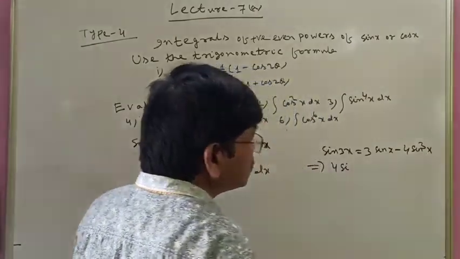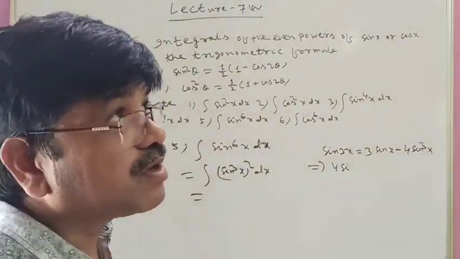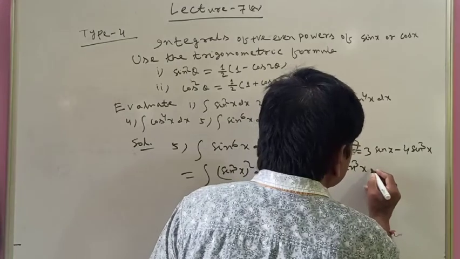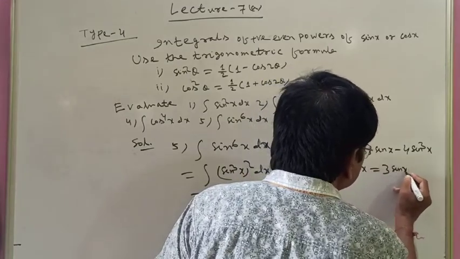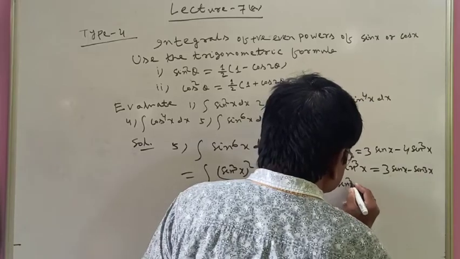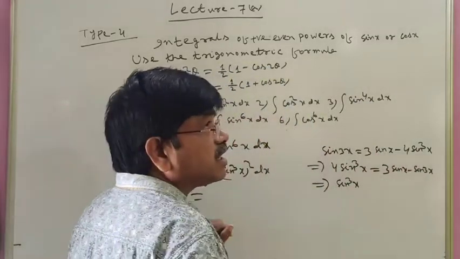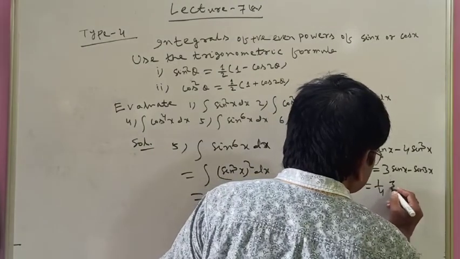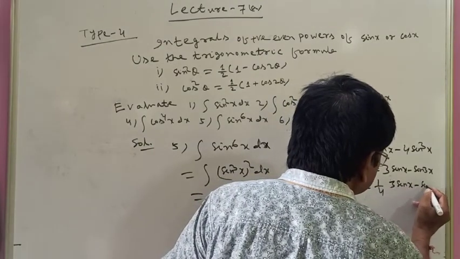This minus 4 sin cube x you bring to the left, and it will be plus. So 4 sin cube x is equal to 3 sin x minus sin 3x. So from this, sin cube x is 1 by 4, 3 sin x minus sin 3x.